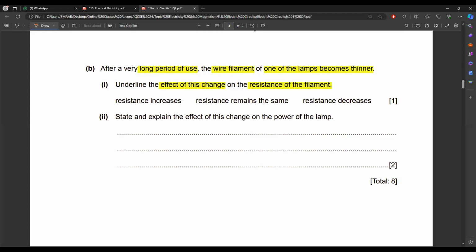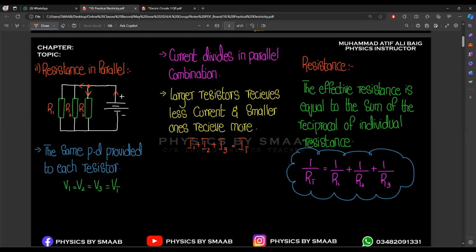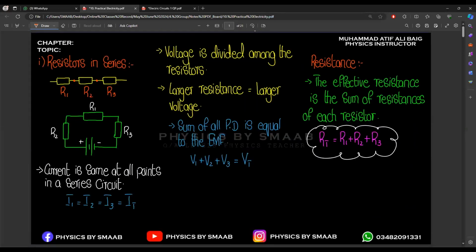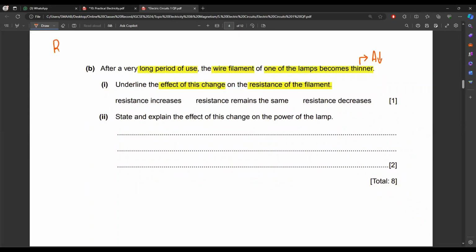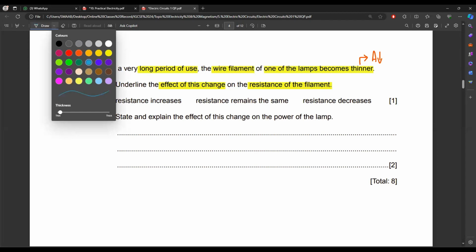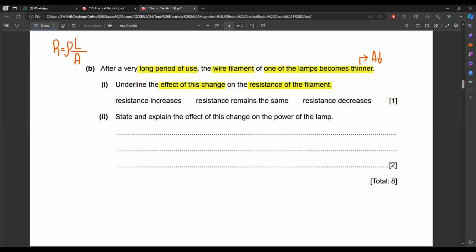Okay, basically, thinner means cross-sectional area decreases, right? If you remember the formula, okay, I think we will note it down in a different file. So basically the formula, if you remember, is R equals rho L by A, and thinner means the cross-sectional area decreases.